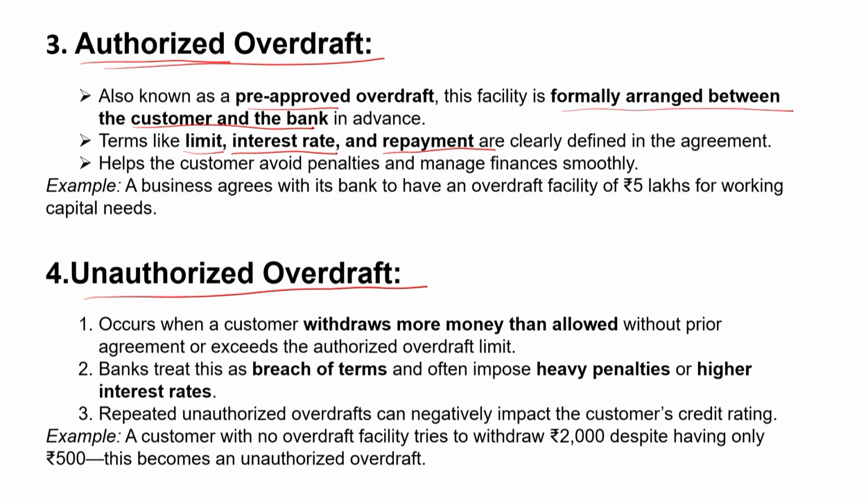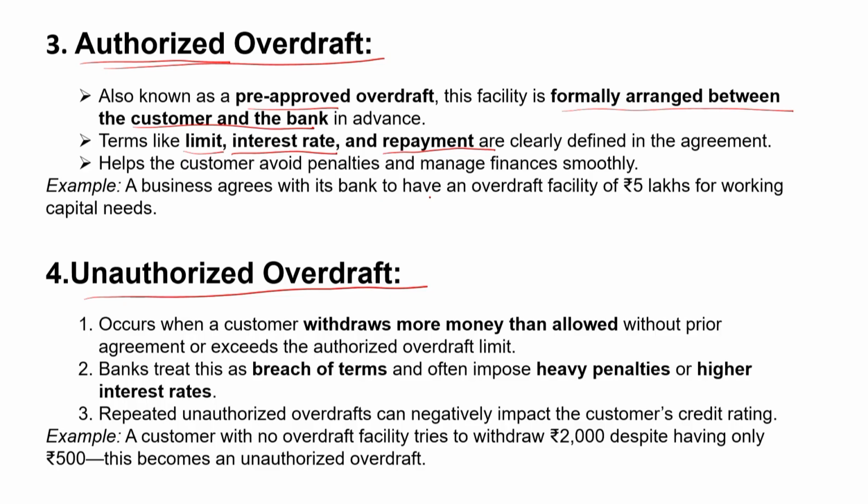So in such cases the customer can very easily avoid penalties, and they can manage their finances smoothly, as they have already negotiated with the bank about the pre-approved limit of the overdraft facility, the interest rate that will be charged, as well as the repayment schedule, in advance before taking such a loan.